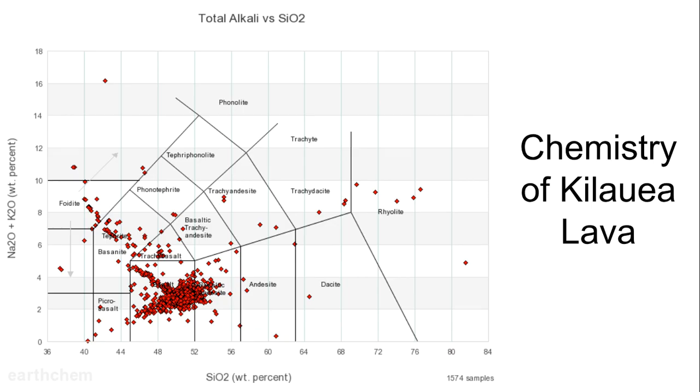So briefly, just to illustrate the differences in geochemistry, here's a TAS diagram, and this data is pulled off the EarthChem portal, which is free. We'll check it out in lab, but we're just comparing sodium and potassium by weight percent to silica.